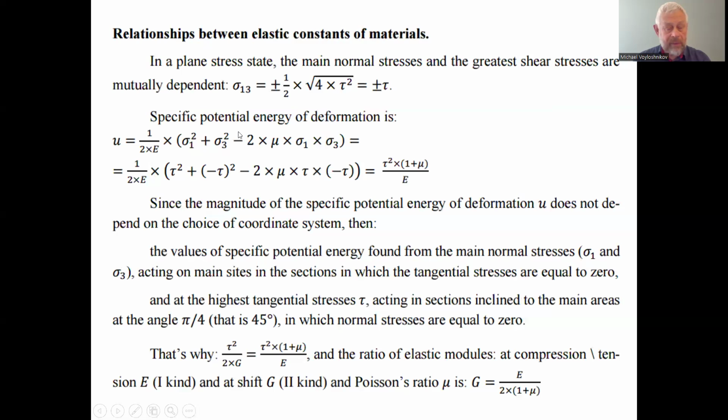Next we get the specific potential energy under the action of the normal stresses, redefined in dependence on the tangential stress.